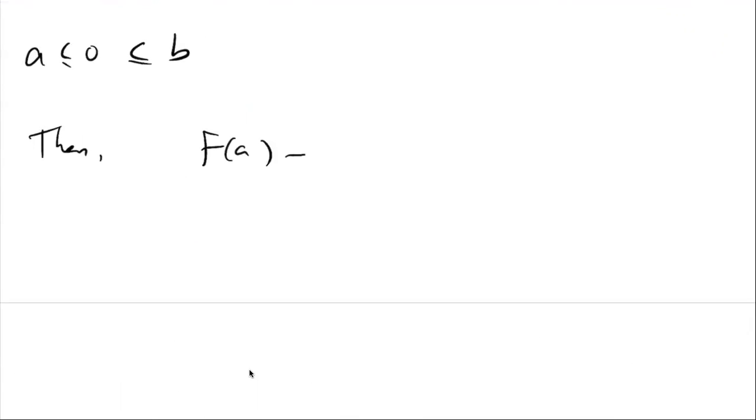So capital F of a will be 0, which will be less than or equal to 1 minus e to power minus b, which is capital F of b. So I just need to verify this inequality. If I can verify that 0 is less than or equal to this number, then I'm done, because then this is F of a and this will be F of b.